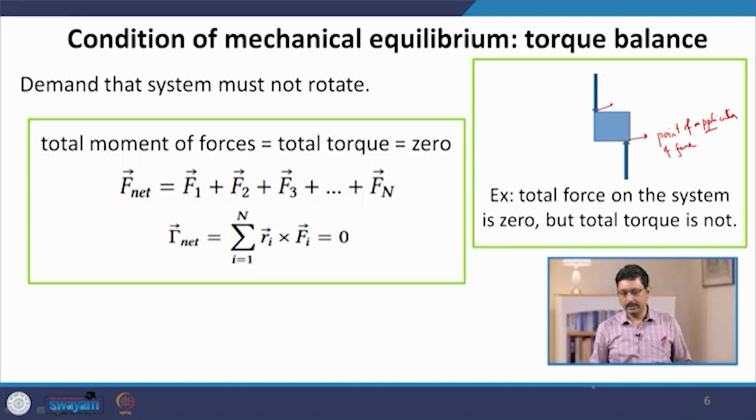Looking at this diagram, even though no further information is given, if you draw it to scale, then you can get a lot of information from this picture. This is a situation where the total force on the system evidently is 0.